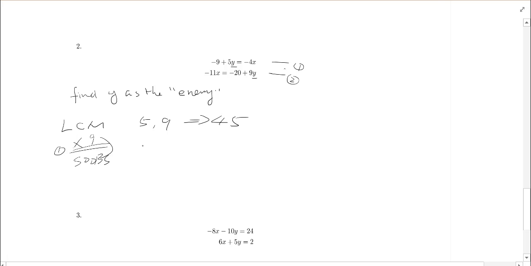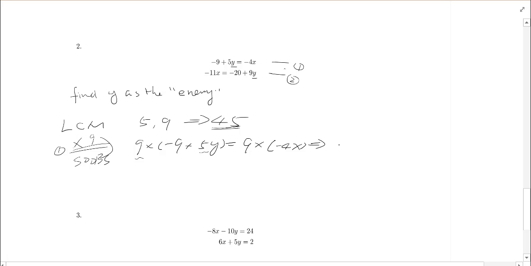So the left hand side is 9 times -9 plus 5y, equal to 9 times minus 4x, right? Because I'm targeting 9 times 5, which is 45, in front of y, and I'm anticipating 45 in the second equation so I can cancel y.